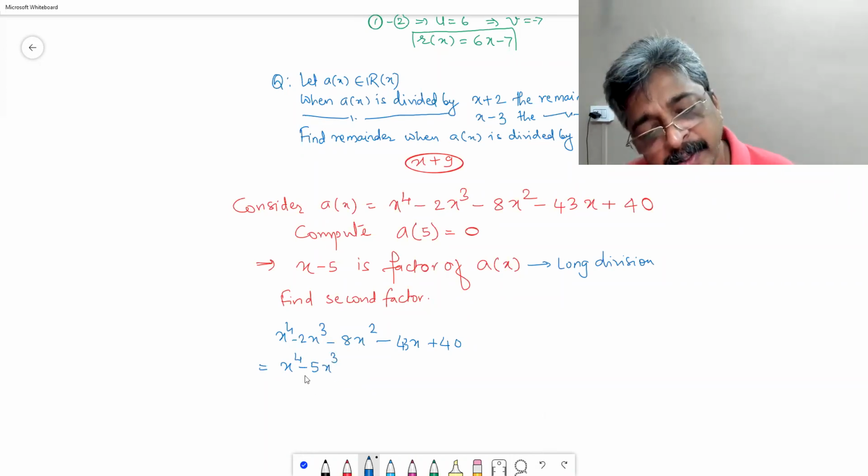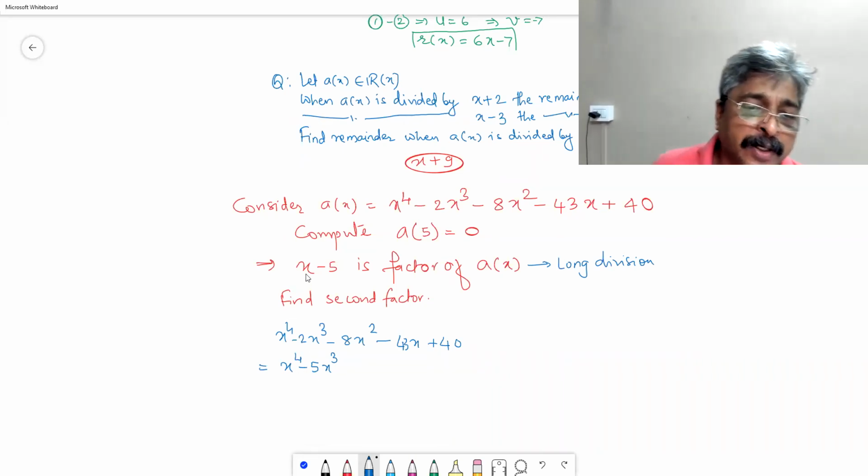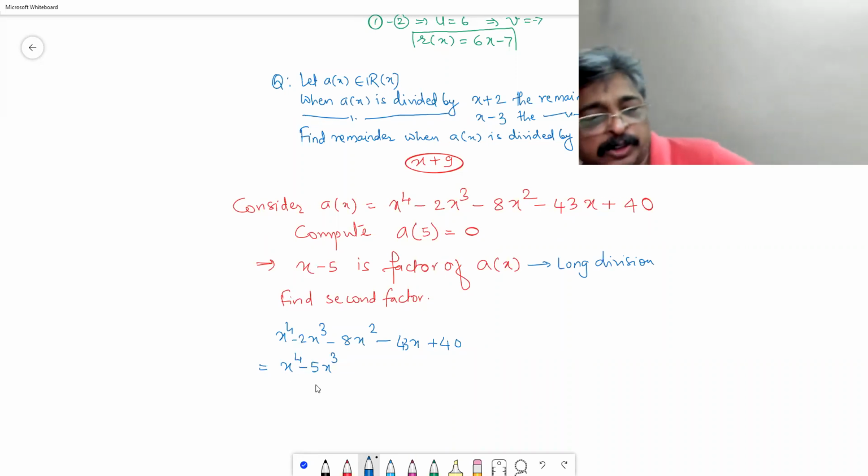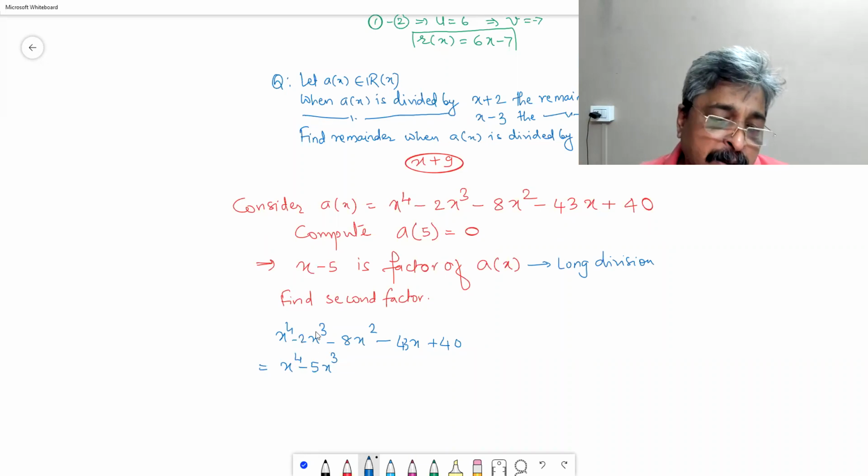Then I can take x cube common and I will get x minus 5. But I don't have minus 5x cube, I have minus 2x cube.